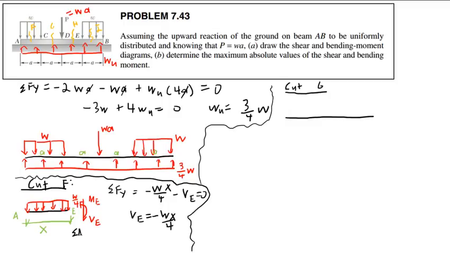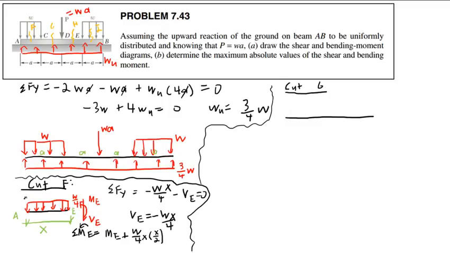Sum of moments about, let's say E. I'm going to sum the moments about point E. I will have ME, the actual moment at E, plus W over 4 times x over 2 moment arm.